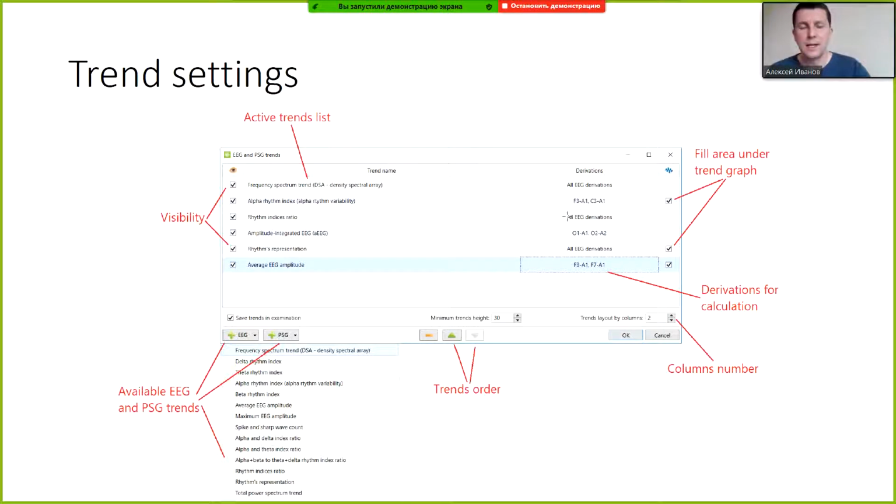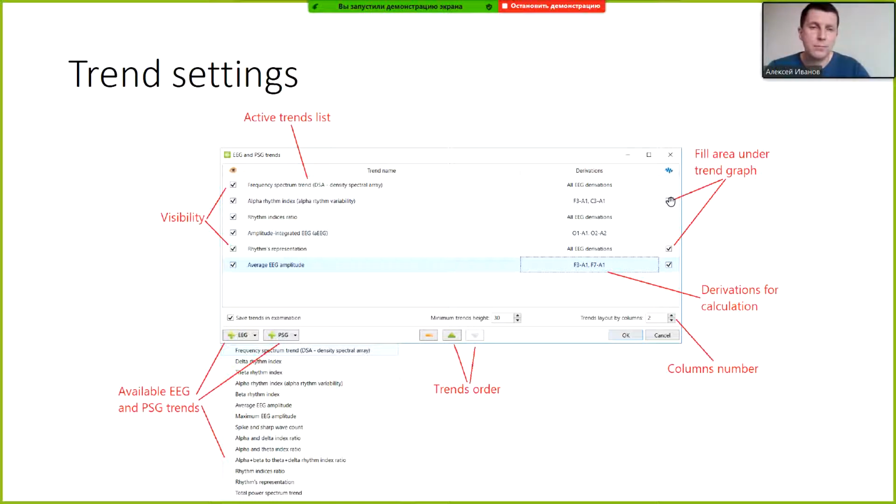In the trends settings window, we can set up the visibility of trends. We can choose what trends we want to calculate, and what trends we want to see on the screen or want to hide from the screen. Also, for each trend we can select what duration we should use for calculation of this trend. We can use all EEG durations or we can choose only a few of them.